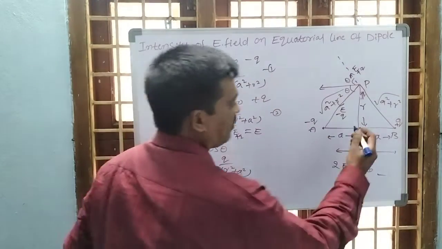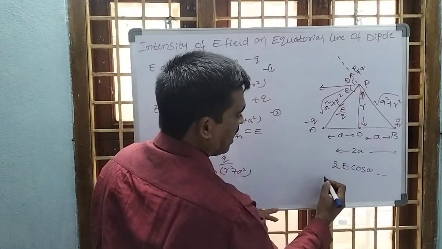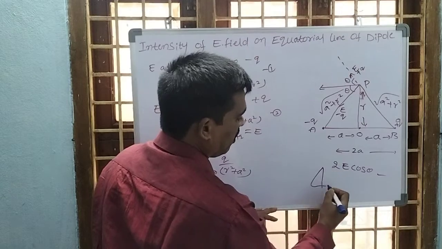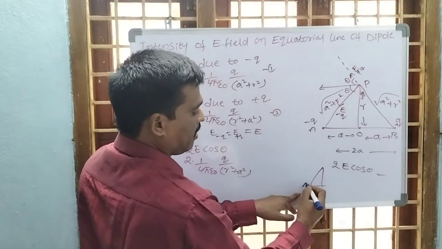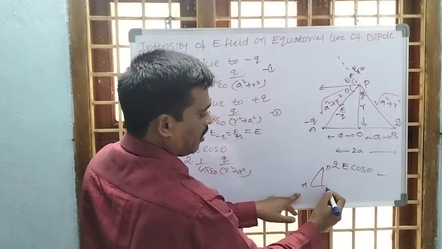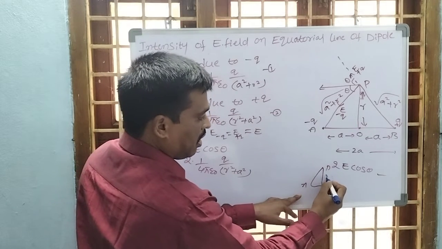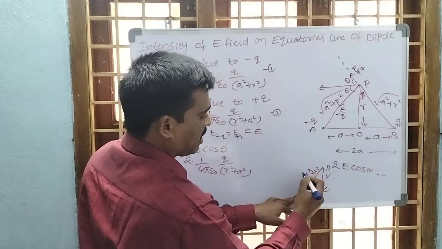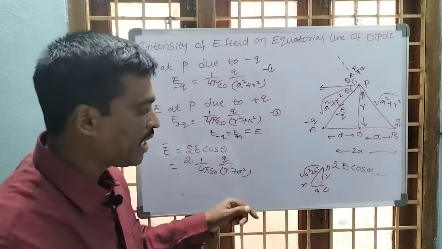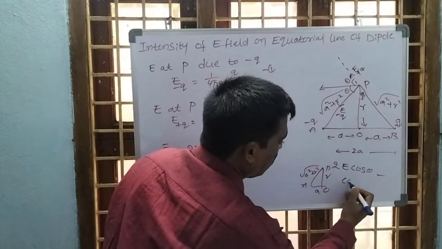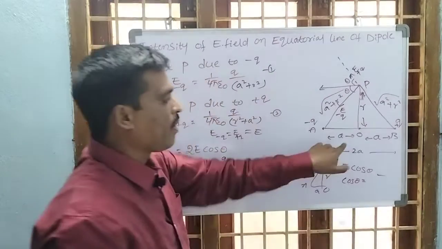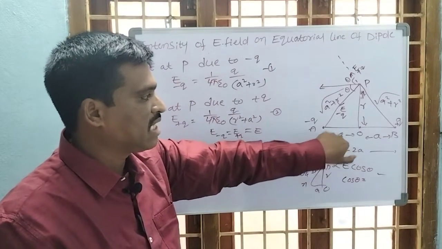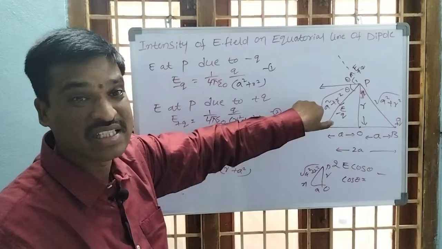Now consider here the right angle triangle A P O. So this is R, this is A, this is the square root of A square plus R square. So how to write cos theta? Cos theta is equal to adjacent side by hypotenuse. What is the adjacent side here?